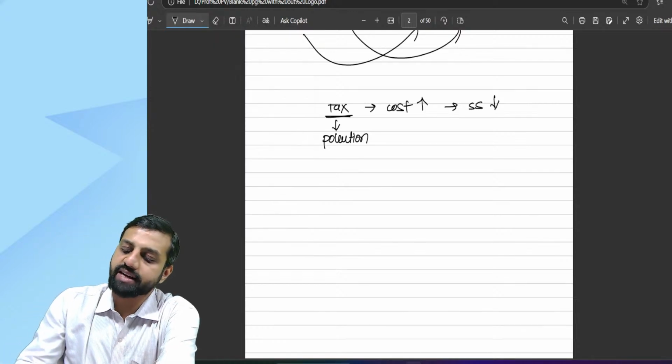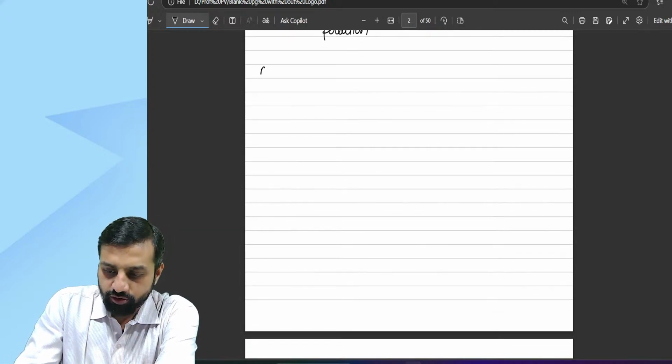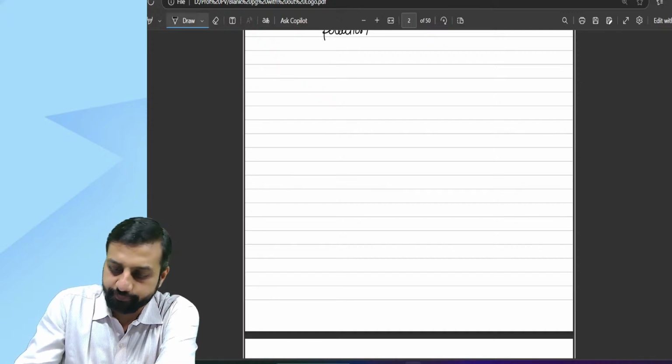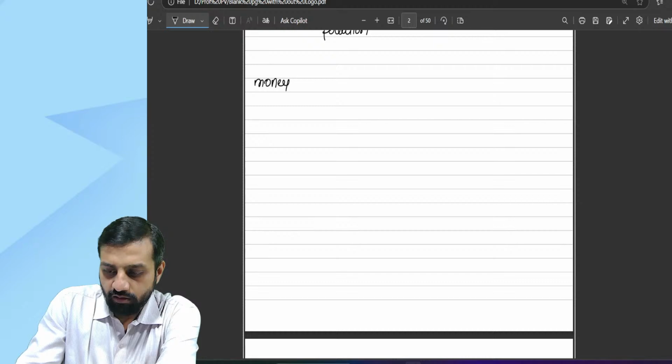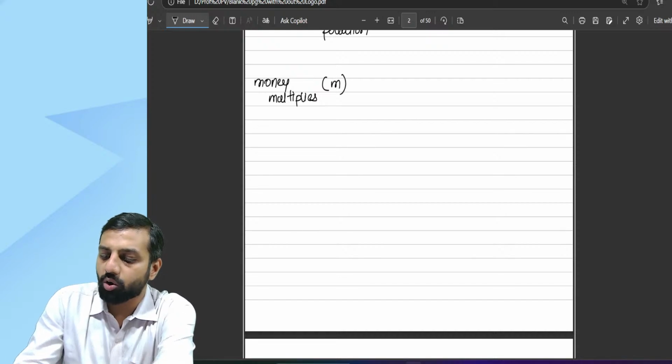So somebody has a doubt in the concept of money multiplier. So Surya, when we talk about the concept of money multiplier, it is denoted by small m.